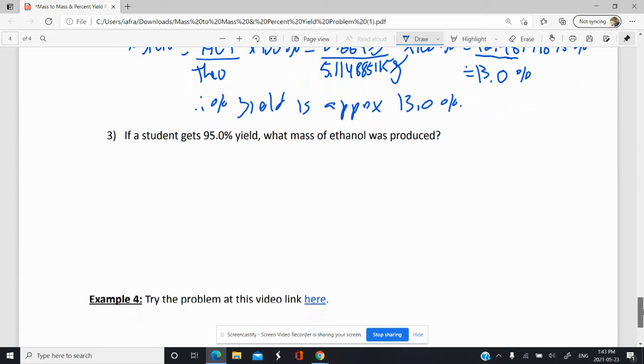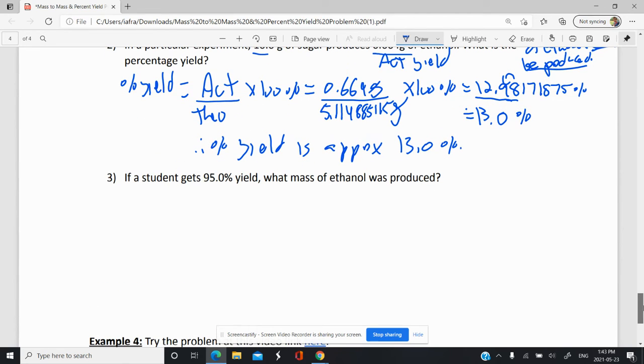If a student gets 95% yield, what is the mass of ethanol that was produced? So what we're basically saying is this. We're saying that the percent yield is the actual yield over the theoretical yield times 100%.